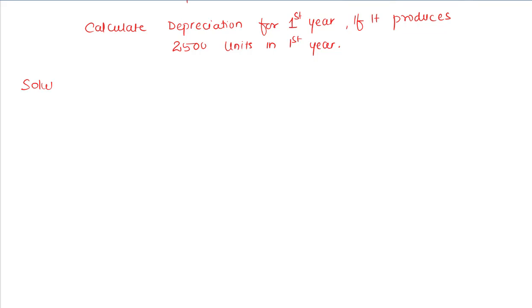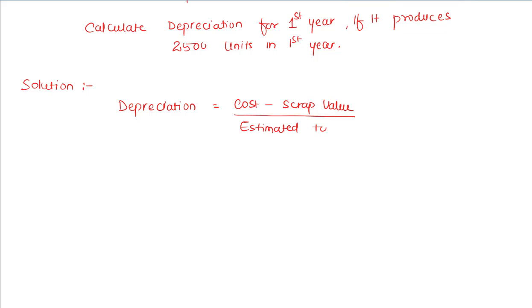Solution. Depreciation equals cost minus scrap value, divided by estimated total production, multiplied by current year production.